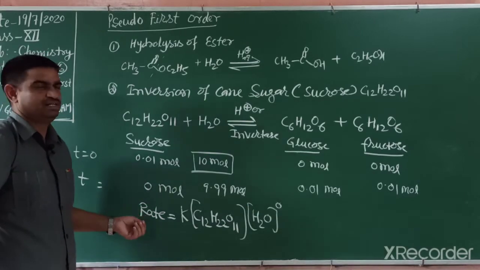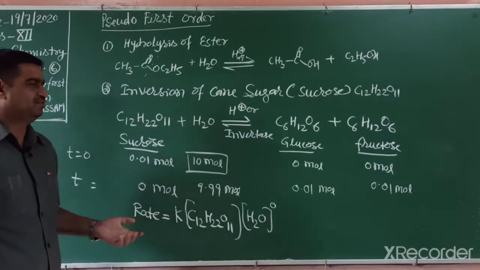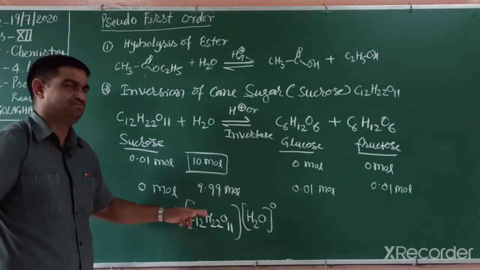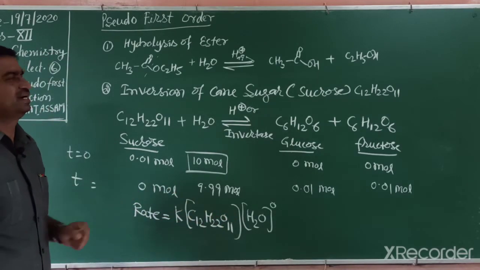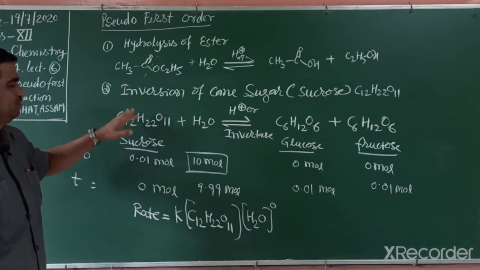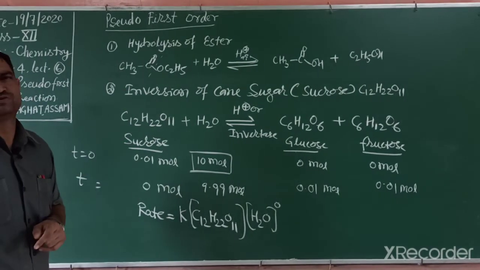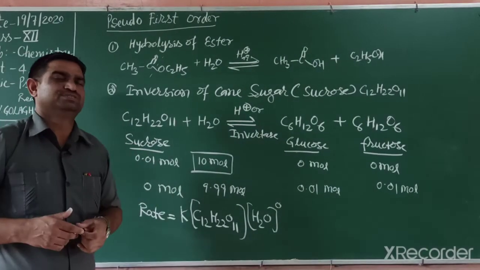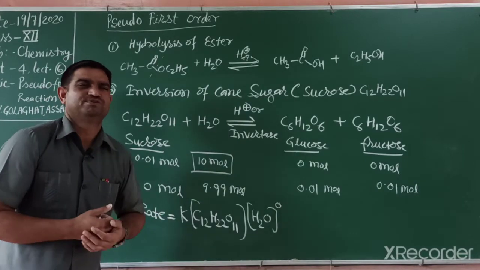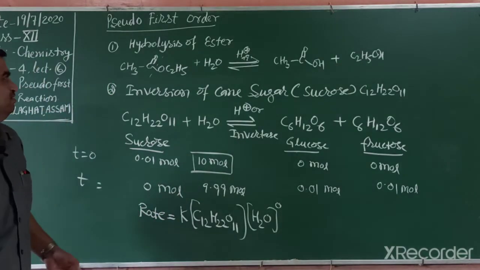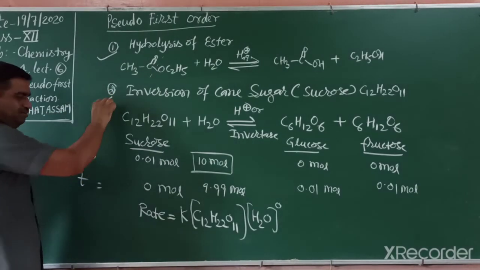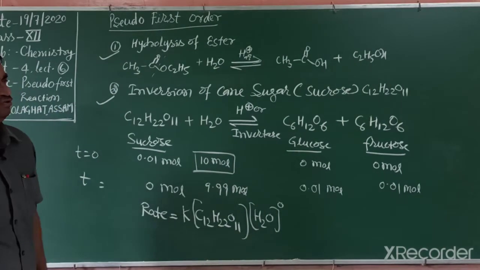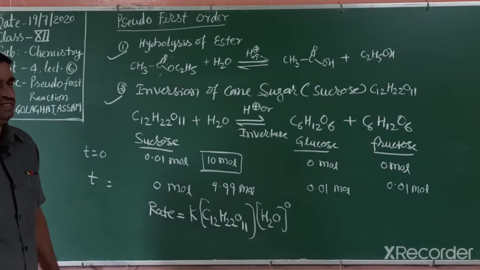In this way, at high concentration, if one reagent is in excess, it is a first order reaction. But at low concentration, it is second order kinetics. So this way they are pseudo first order, and this many times comes in exams: what is pseudo first order? Explain with example. Remember this thoroughly, 2 examples are given in your books. So you can write it in this way.